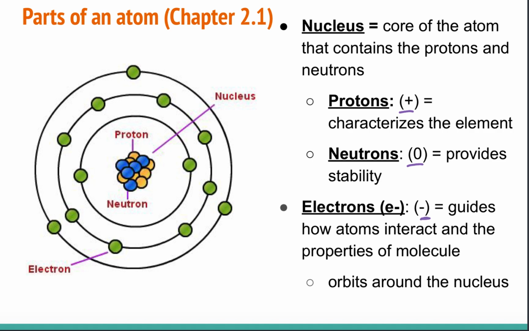Electrons are negatively charged, and they're really critical because they guide how atoms interact and the properties of the molecule. Ultimately, what influences chemical reactions, whether water creates a chemical explosion with an element or doesn't mix with a certain element, it ultimately comes down to the way the electrons interact within a molecule.